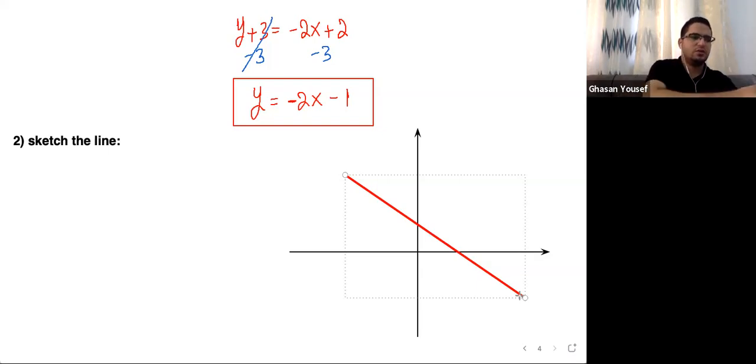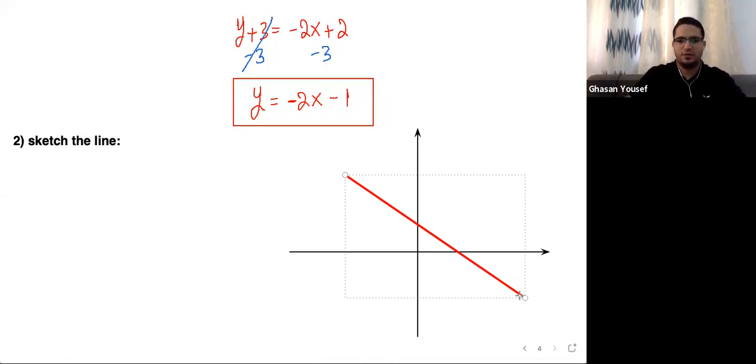But we also have to know what my y- and x-intercepts are to graph this line correctly. For the x-intercept, where does this line intersect the x-axis? At which point?